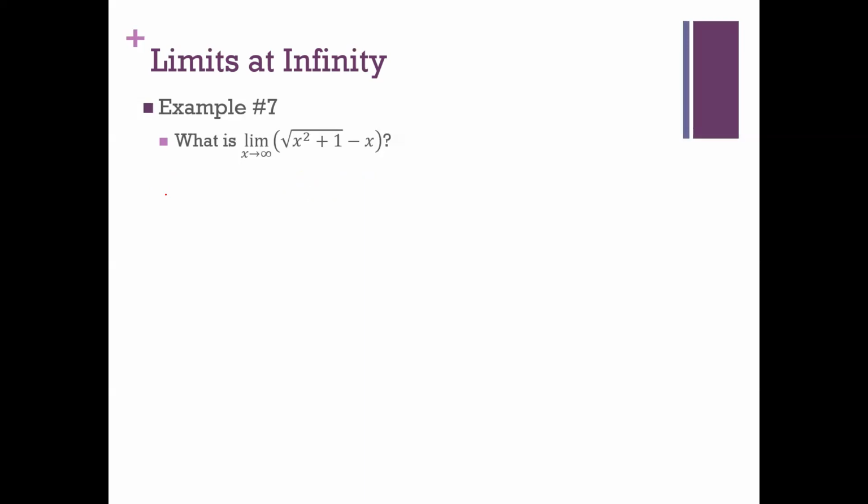I'll say this though, this can be done: the limit as x approaches infinity of this square root, the square root of x squared and the square root of 1. Well, I can do this. I can just do this and then take the square root of that entire limit.